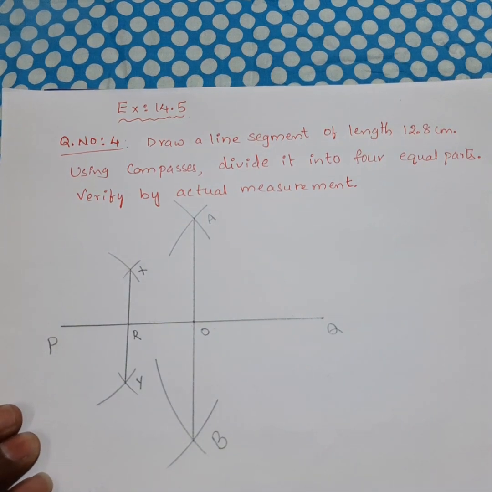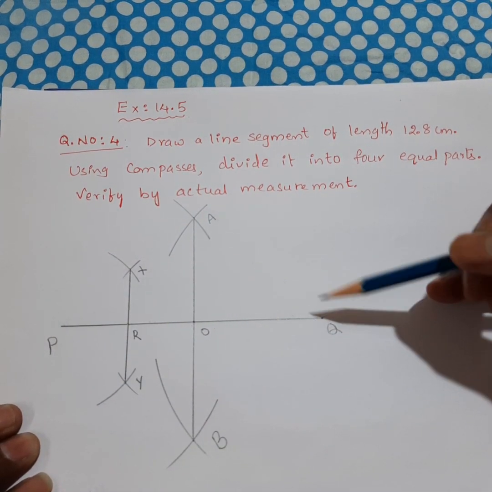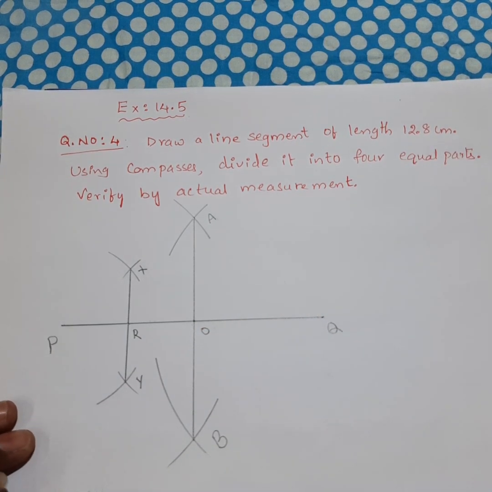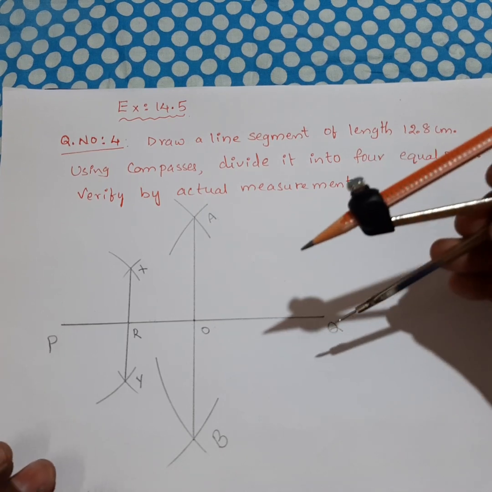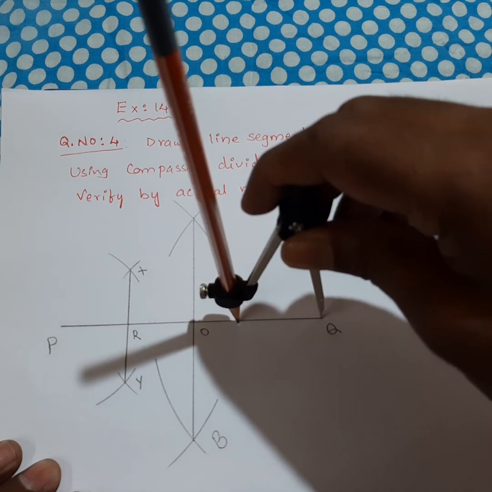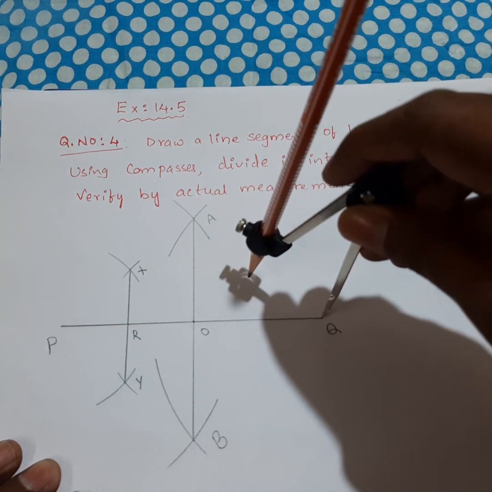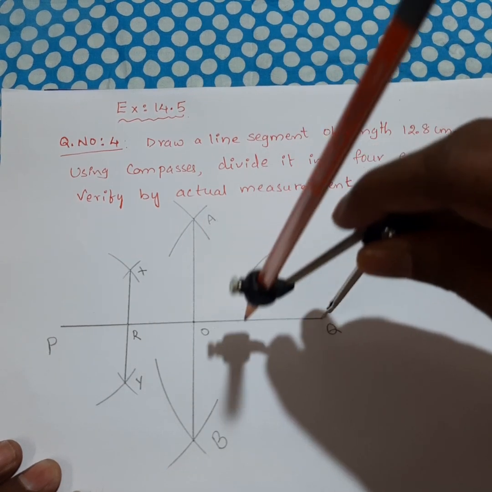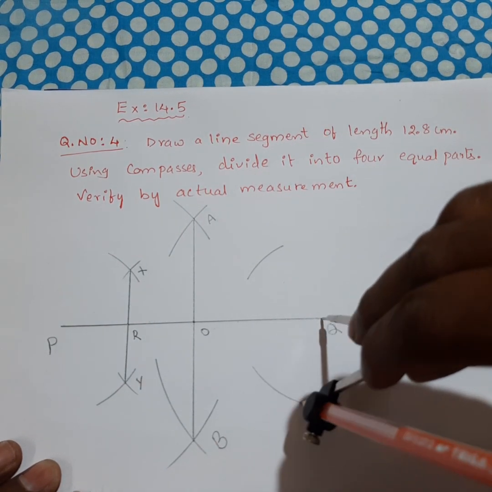In the same way, we are going to draw a perpendicular bisector of OQ. Take more than half of the length of OQ. Like this, draw the arc above the line segment and below the line segment.